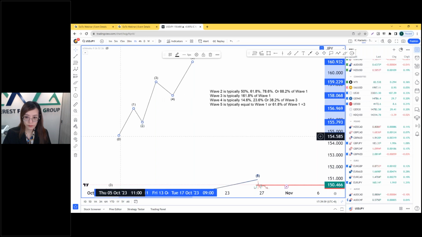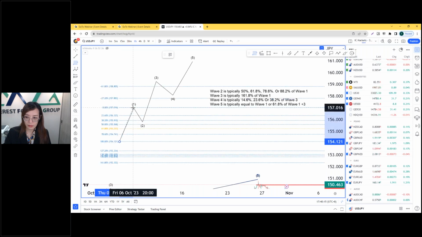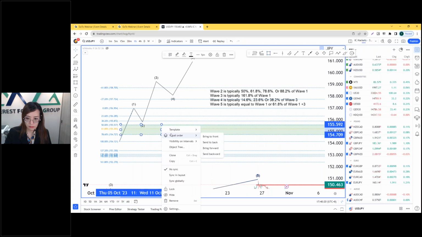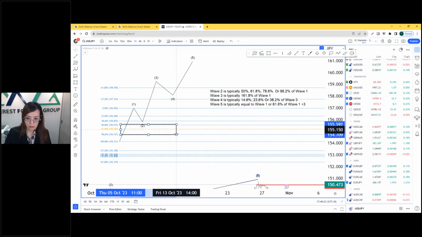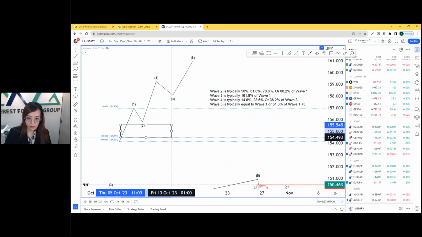For example, they said that wave 2 typically retraces 50% to 78.6% of wave 1. So basically, if you draw Fibo from the starting point to the ending point over here, it should retrace between 50% to 78.6 here, or up to 88.6%.